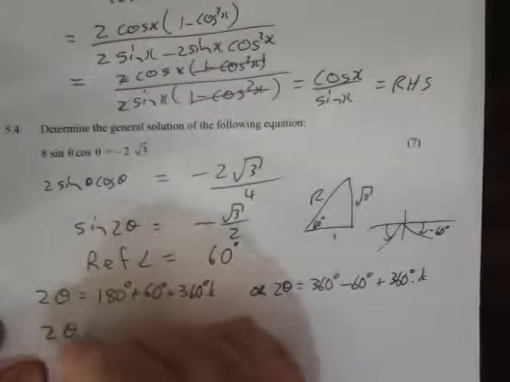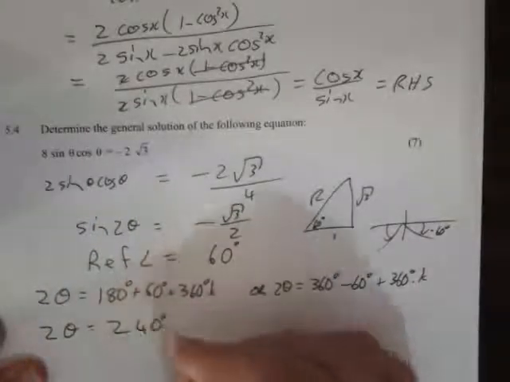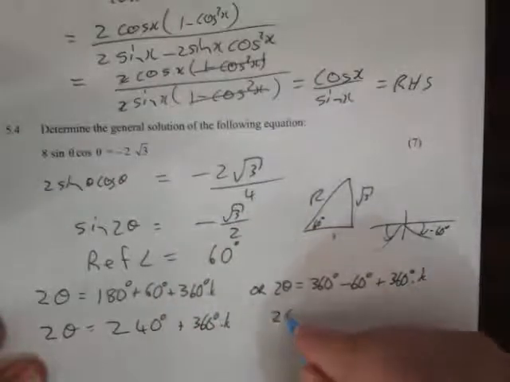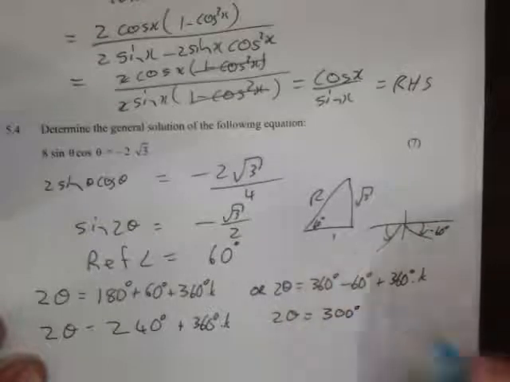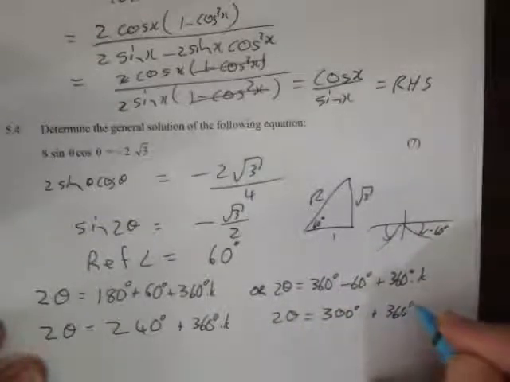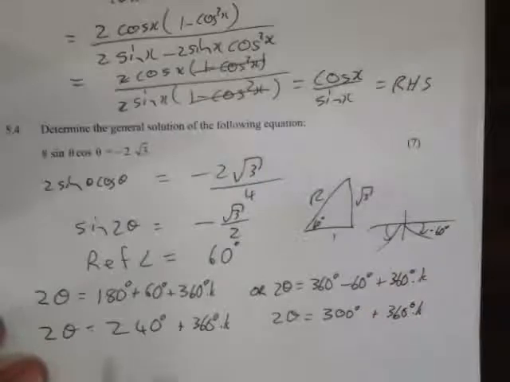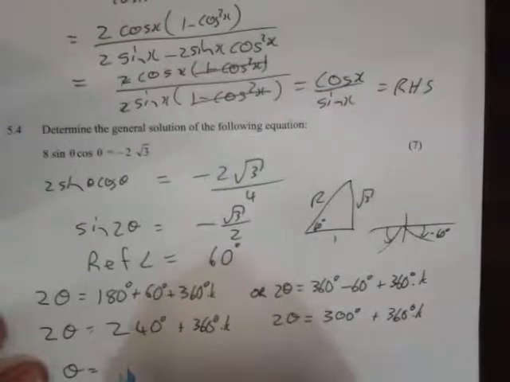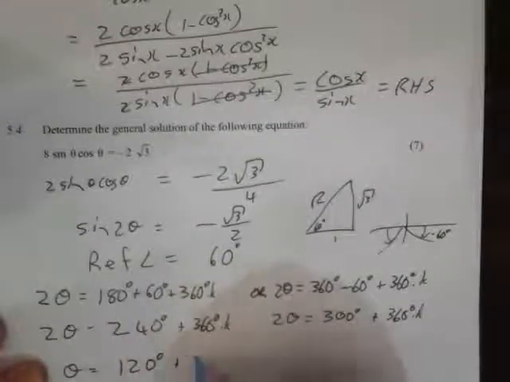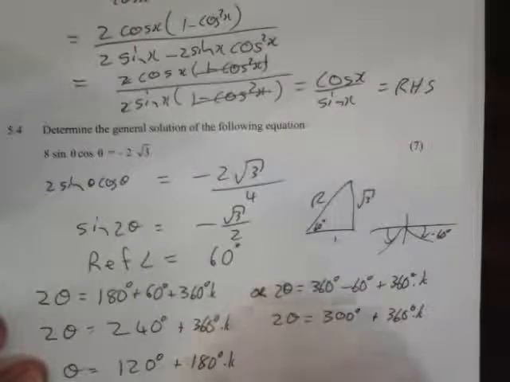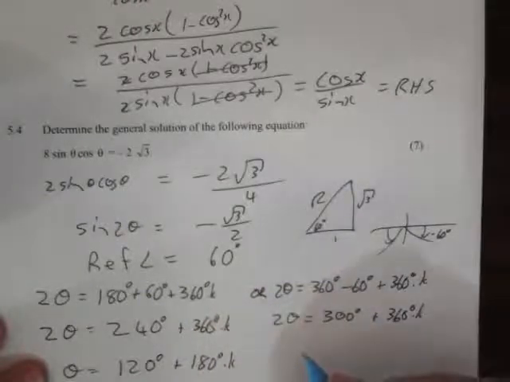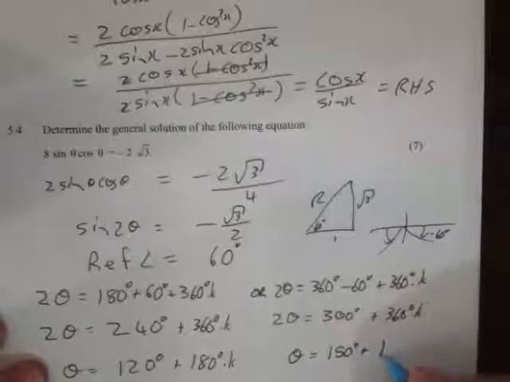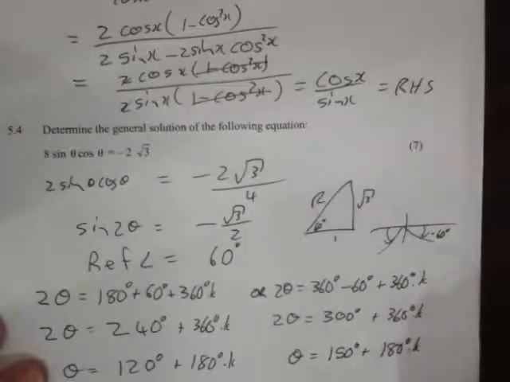So 2 theta is equal to 240 degrees plus 360 degrees times k. And 2 theta is equal to 300 degrees plus 360 degrees times k. So the 2 theta is that, so 1 theta will be all divided by 2, 120 degrees plus 180 degrees times k. See how the 360 changes, and theta will be 150 degrees plus 180 degrees times k.